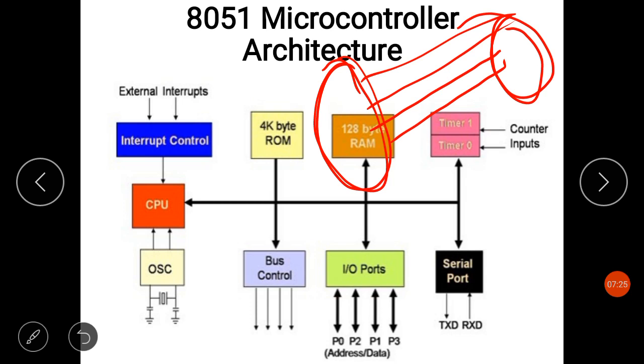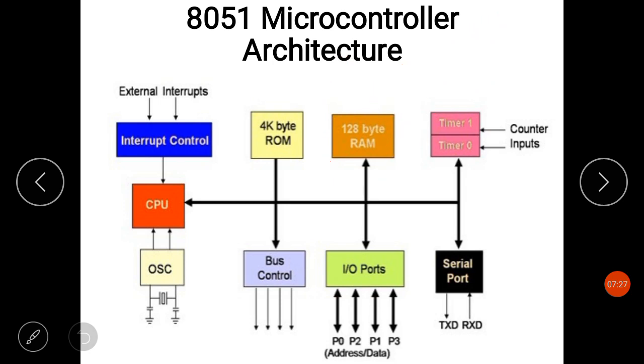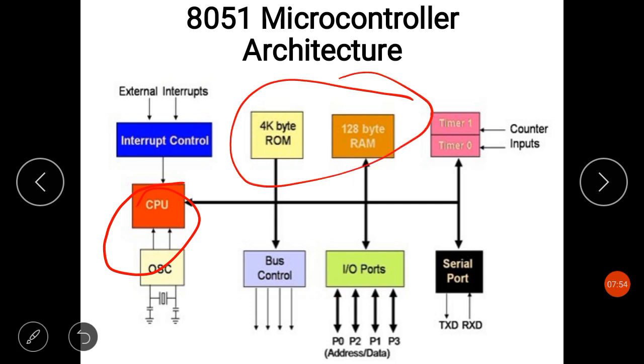In the 8051 microcontroller there are two types of buses, the address bus and the data bus. As I told you when discussing the features, the 8051 microcontroller has a 16-bit address bus, which is used to address memory positions, that is, to transmit the address from the central processing unit to memory.